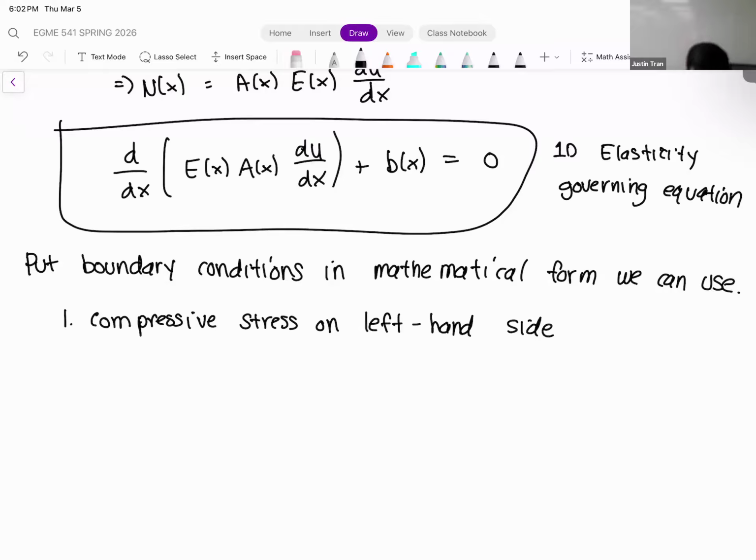So this is a compressive stress on the left-hand side. Okay. So let's go ahead and draw our free body diagram for this as well. So let's perform a force balance.